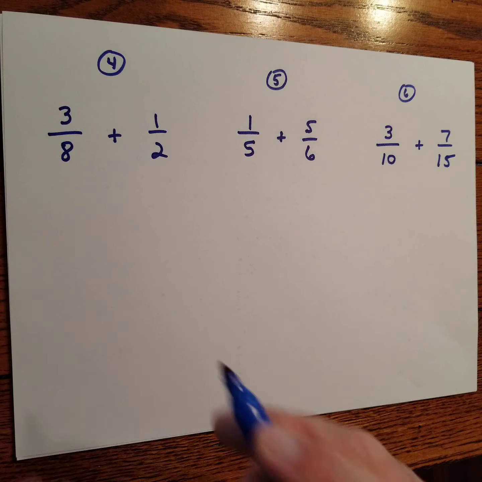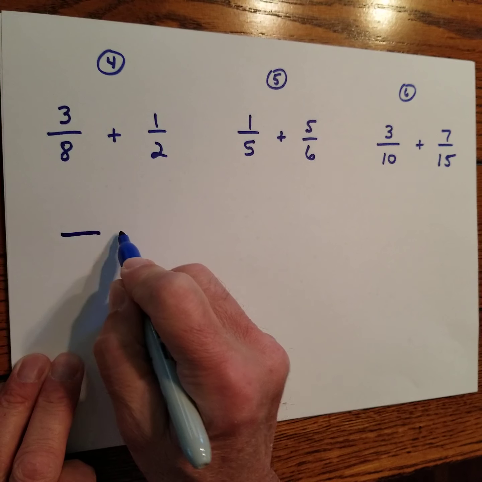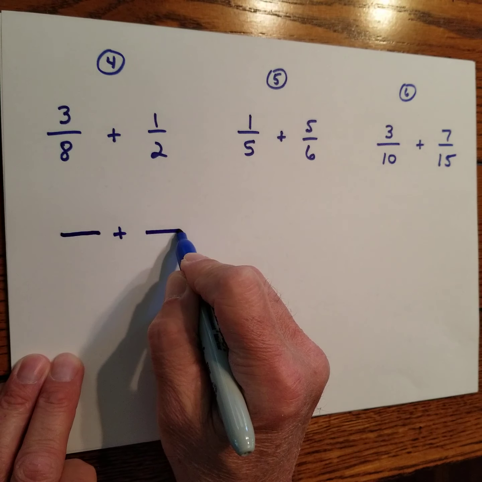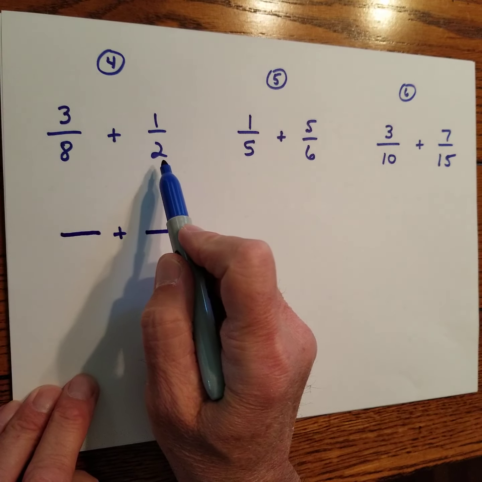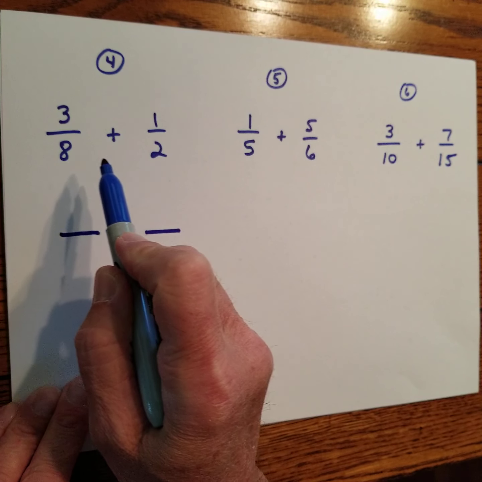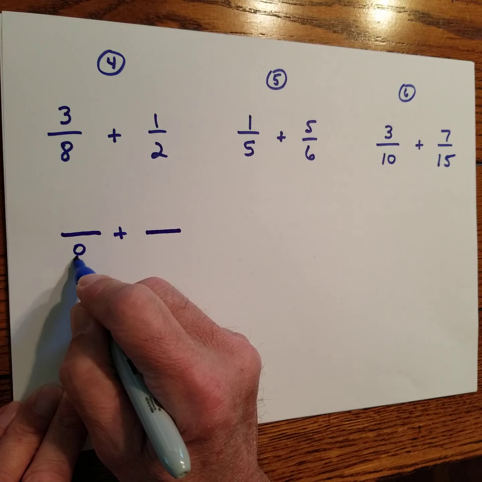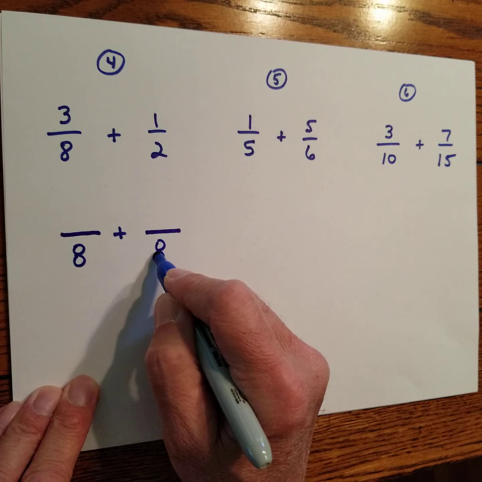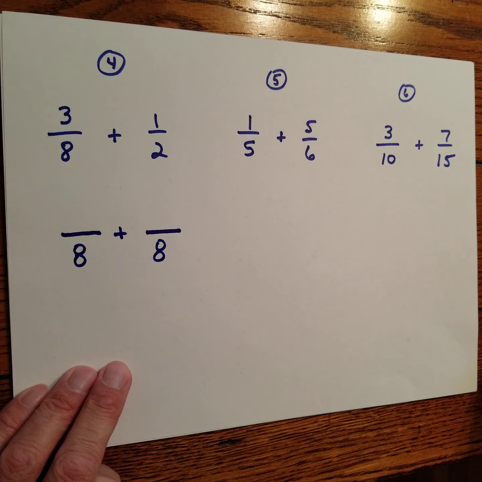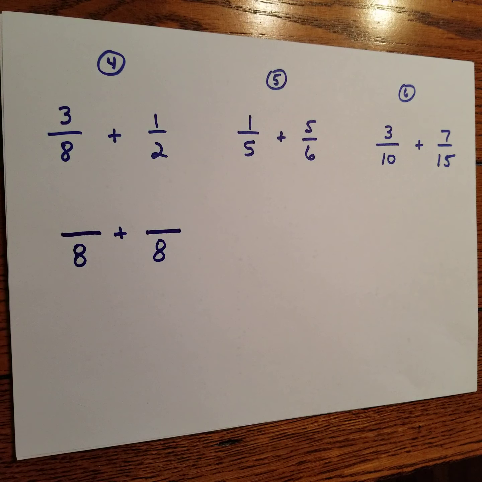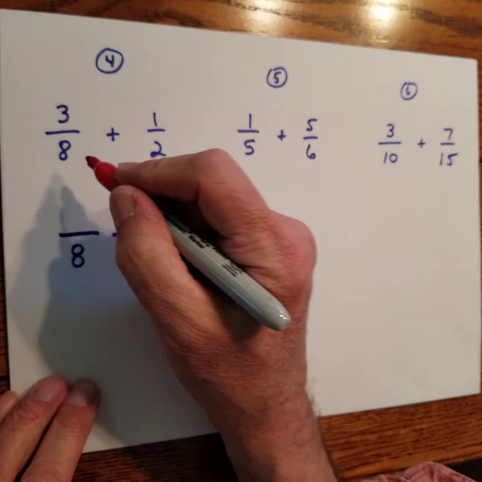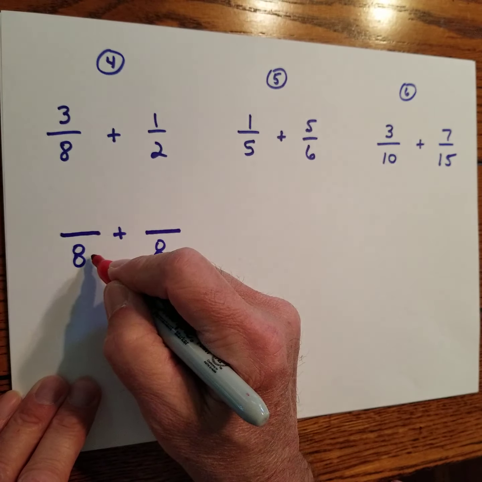On number 4, we're adding, so we need a common denominator. The first thing we check, does the small denominator divide evenly into the big denominator? And it does. That means the big denominator is a good common denominator. Now get the numerators. What do you multiply times 8 to get itself?